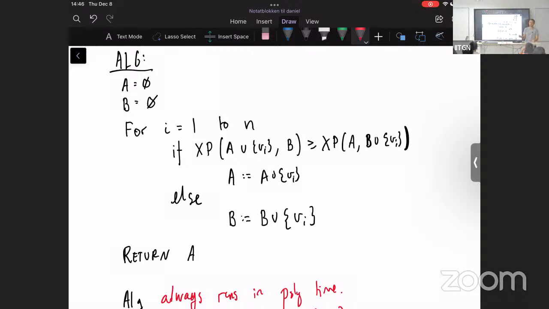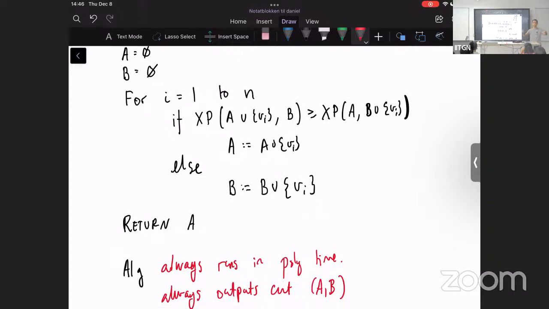You take the one with the bigger conditional expectation, and it will be greater than or equal to what you currently have. So if you started out with conditional expectation at least M/2, then in each iteration you still have conditional expectation at least M/2. And by the end of the for loop, you have put all the vertices into either A or B, because you decide this on all the vertices.